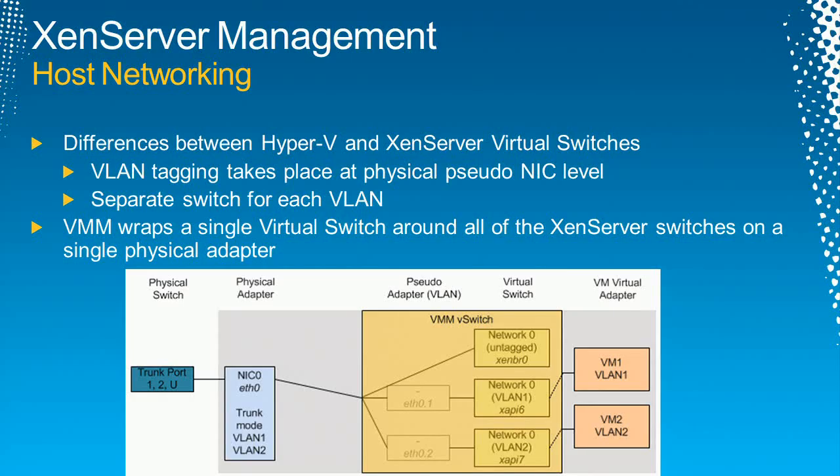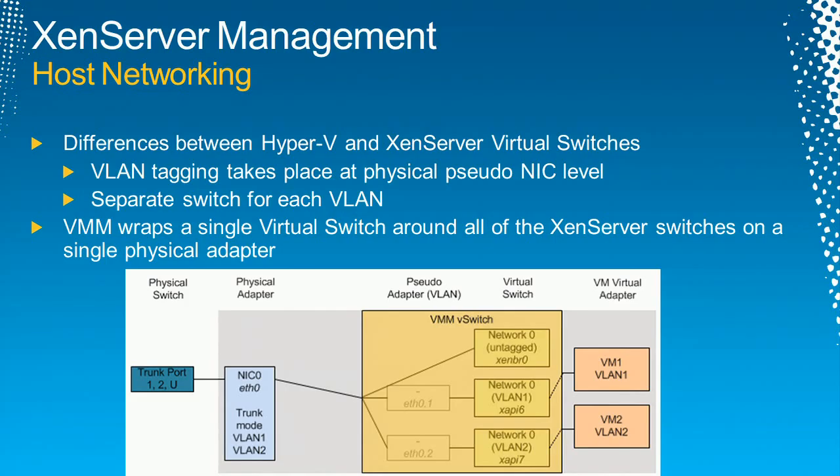So let's talk a bit about how XenServer does host networking. It's a little different from the way we do it in Hyper-V. We identified early on that there were some key differences between how XenServer handles networking and how VMware does it. In particular, the key difference is where the VLAN tagging takes place. On Hyper-V, the VLAN tagging takes place closer to the virtual NIC.